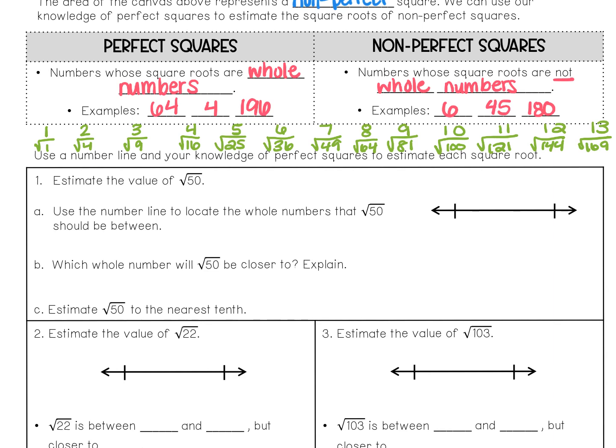So the square root of 50 is going to fall somewhere between the square root of 49 and the square root of 64. And I know that the square root of 49 is 7 and the square root of 64 is 8.